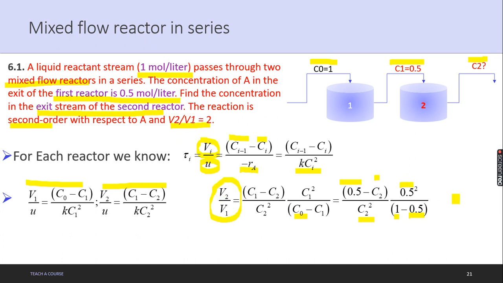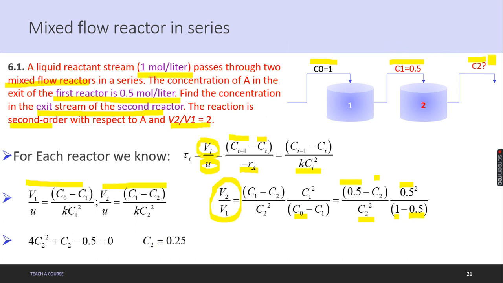So now it is simply a mathematical problem. Just rearranging, I am not showing you the rearrangement, you can do it yourself. With the ratio being 2, the remaining terms are in C2: 4C2 square plus C2 minus 0.5 equal to 0, and it is a quadratic equation. Once we solve it, C2 comes out as 0.25.